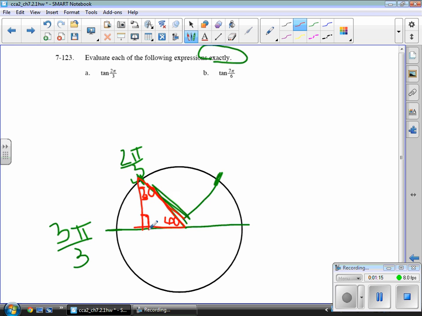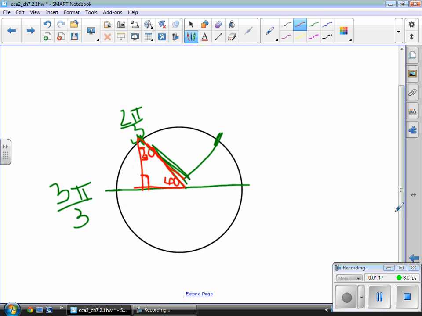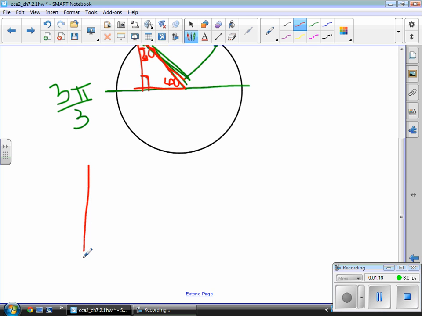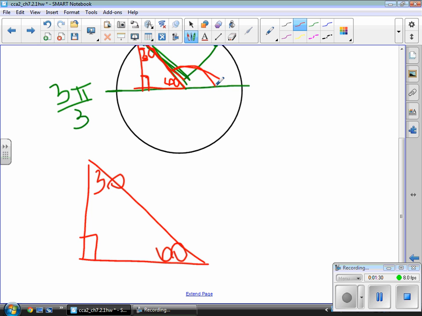I'm going to redraw this triangle a little bit lower so I can write bigger. We knew this one was 60, this one was 30. The reason we know that is because each of these little pi over 3s is worth 60. So 60, 60, that makes 120, and the other thing would have to be a 60 there.